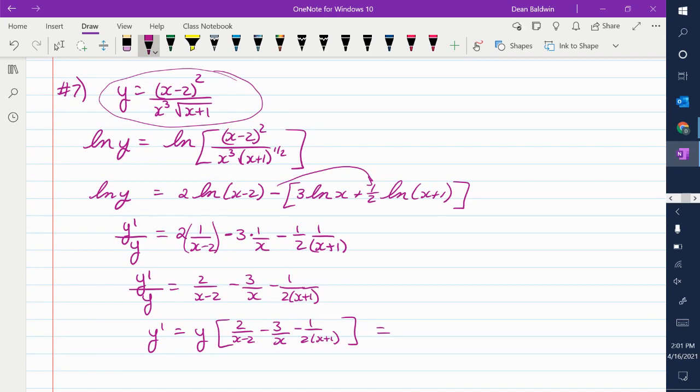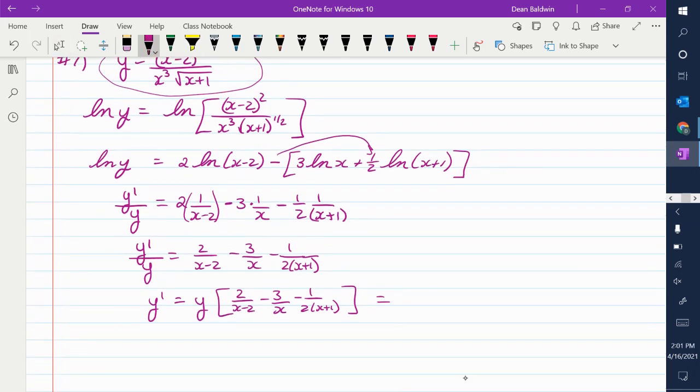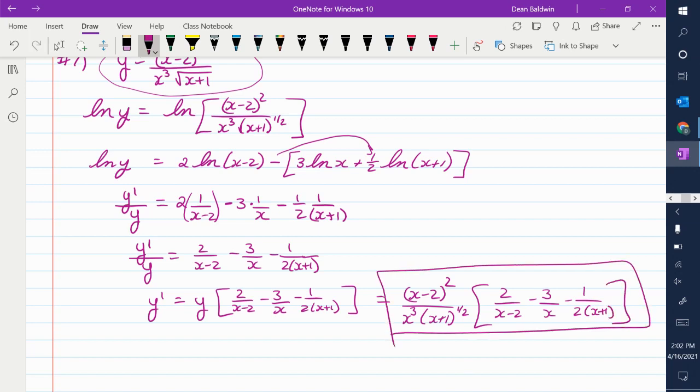So you just put that in front of all of this and you're done. It looks ugly, but now you could find common denominators and combine it and do all that stuff, but we will not. Okay?